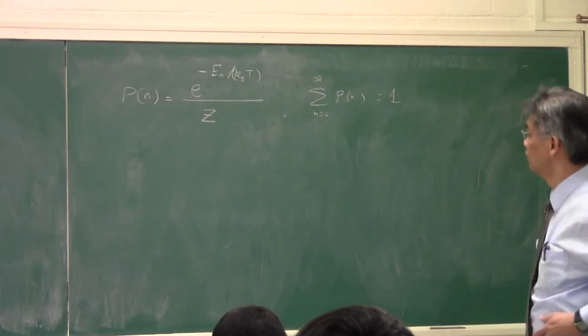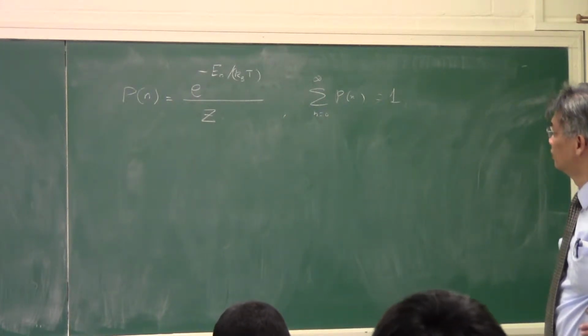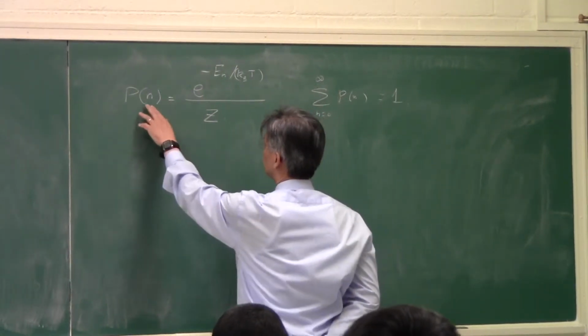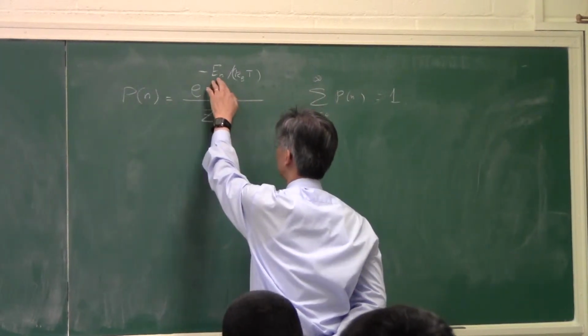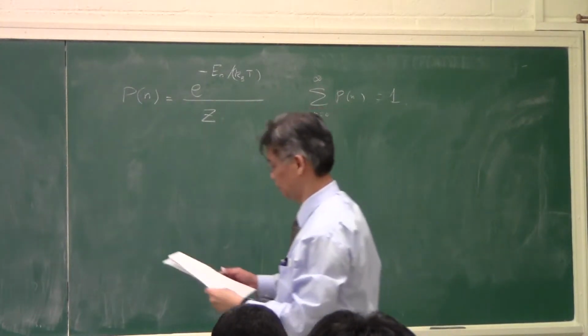This is a probability distribution, the probability of finding the photon number state with energy E sub n to be in this state. This is Boltzmann's law.